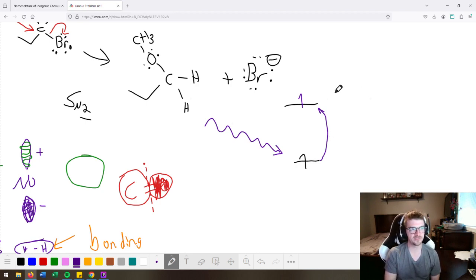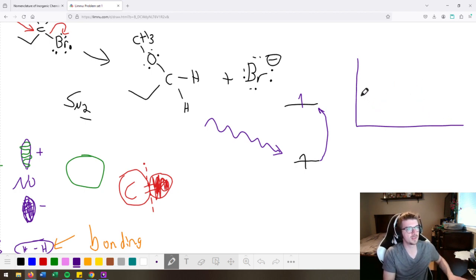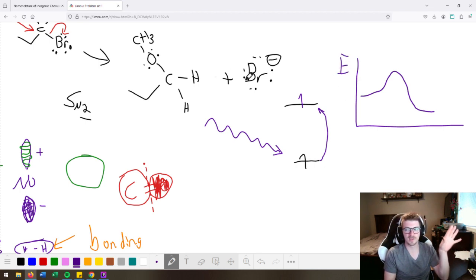But this is getting over this activation energy. Let me draw that in a less dumb way. So this whole molecule, essentially, or at least the reactive atoms in these molecules, are being, how do I explain the difference between these?